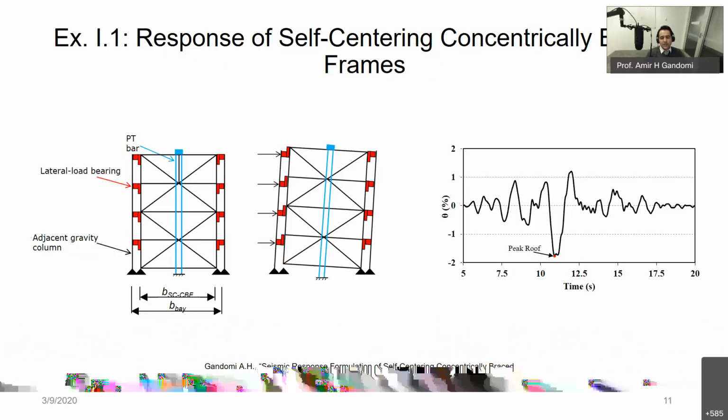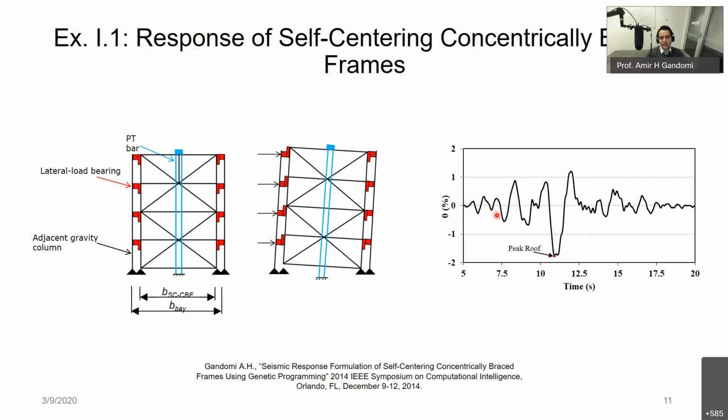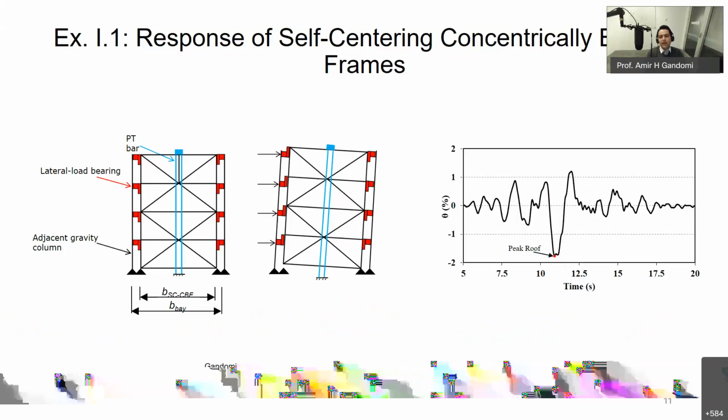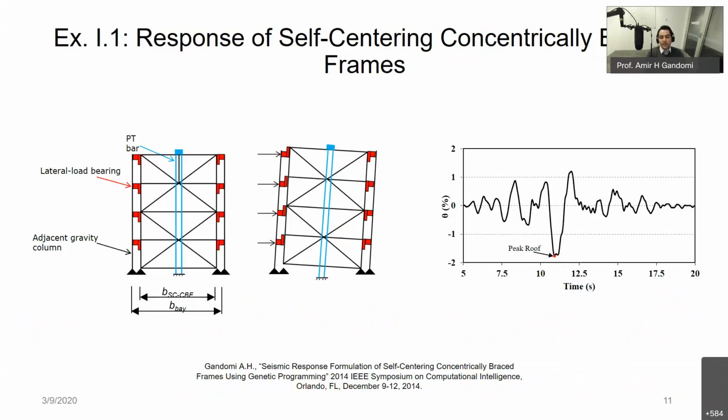And this is, for example, the roof drift of this structure during the Mangil earthquake. So what we want to predict from this system is its maximum roof drift or maximum response during the earthquake. So we want to predict this point. So considering the complexity of the system and also the stochastic nature of an earthquake, this could be a very difficult problem to solve.